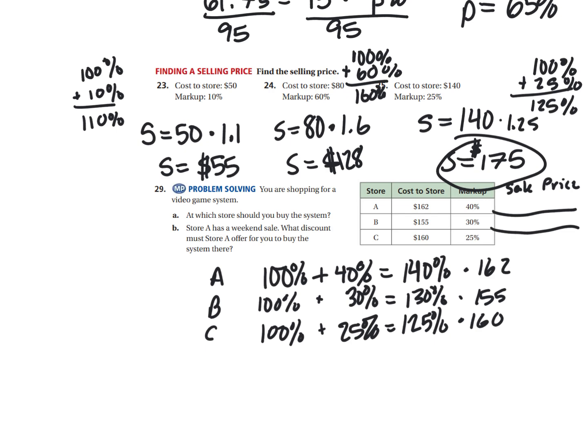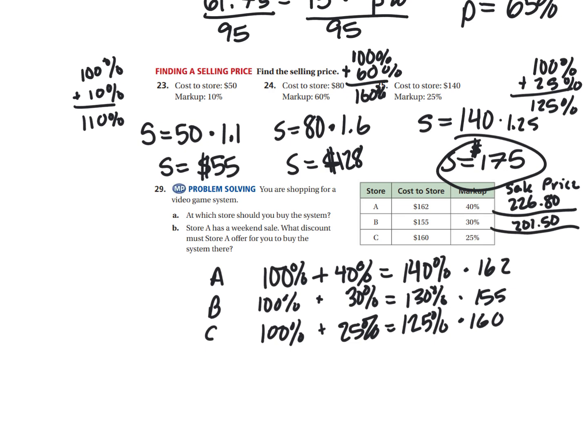Store A's selling price, when I go 1.4 times 162, is $226.80. Store B would be 155 times 1.3, and we get $201.50.